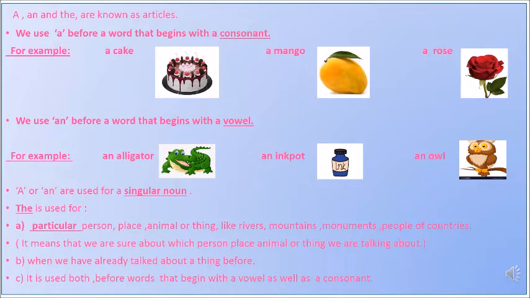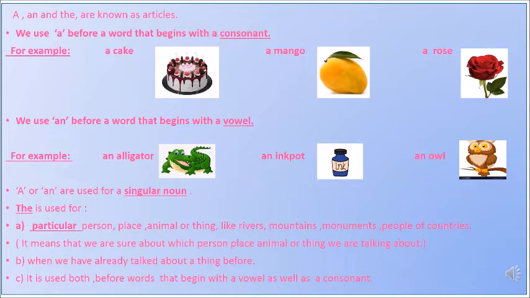As you can see, a beautiful picture of a yummy cake over here. Cake. C-A-K-E. What is the spelling of cake? C-A-K-E. And the first letter of this word is C. C is a consonant. So we will write a cake. We will write a with cake. Mango.